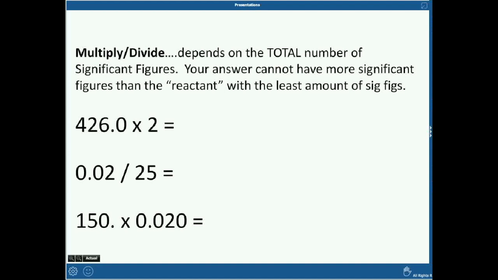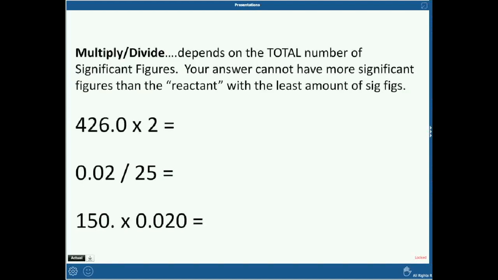So your answer can't have more sig figs than, I'm a science person, I could not remember the math word for the things that you're multiplying in a multiplication, so I called it the reactant. That's like a chemistry term, like the things that are being multiplied with the least amount of sig figs. So your answer can't have more sig figs than the thing that has the least number of sig figs in what you're multiplying.